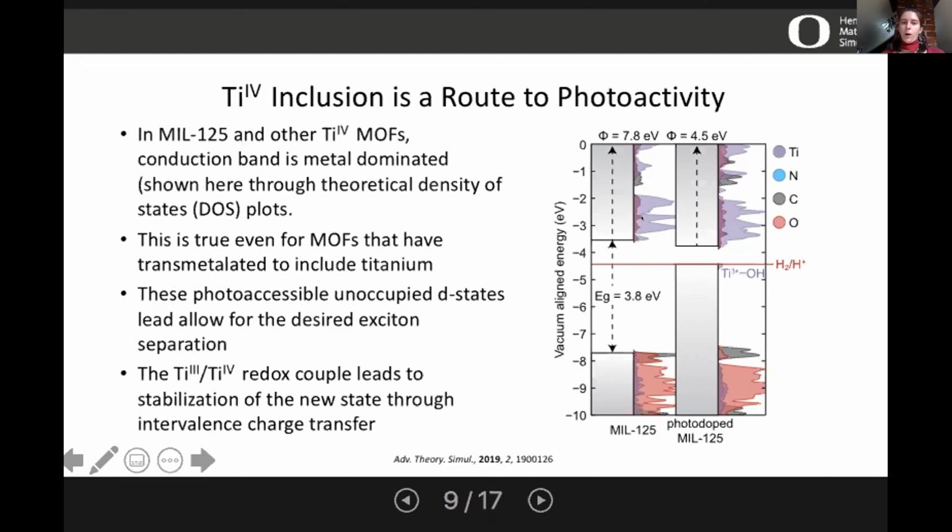So these peaks are by and large composed of titanium. And this is true even for MOFs that have been transmetallated to include titanium. These photoaccessible d states allow for the desired exciton separation, as the titanium 3/titanium 4 redox couple leads to stabilization of the new state through an intervalence charge transfer.